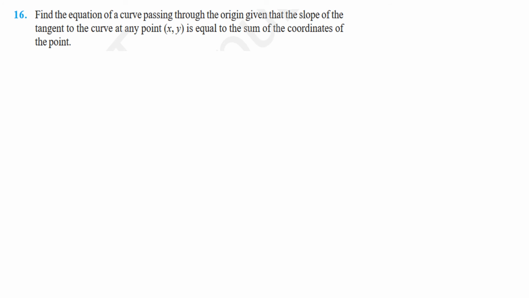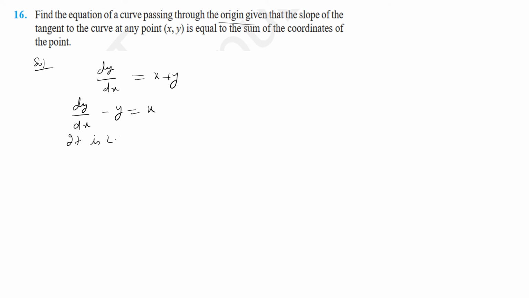Question number 16 says, find the equation of curve passing through the origin given that the slope of the tangent, that is dy by dx, at any point xy is equal to the sum of coordinates. Okay, so dy by dx minus y is equal to x.